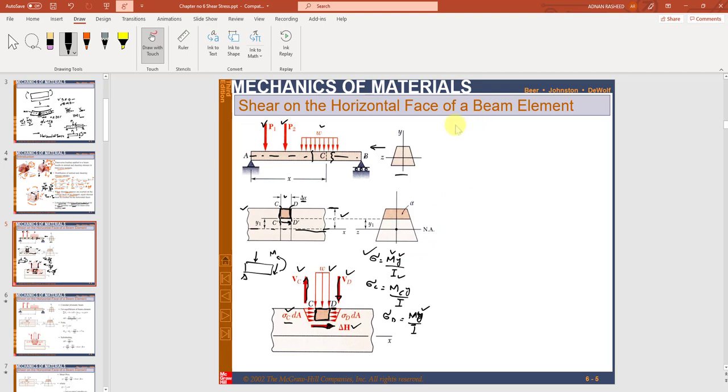We will apply the equilibrium condition, that the sum of all forces along x direction must be equal to 0. Now you can see there is the horizontal shear force, and two normal stresses acting on this portion of the beam.